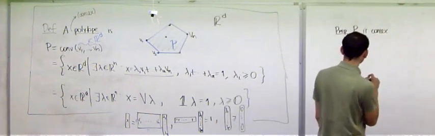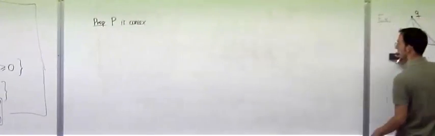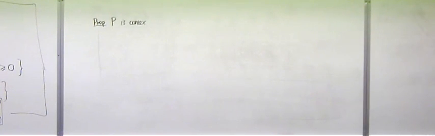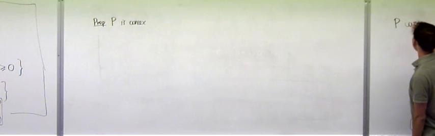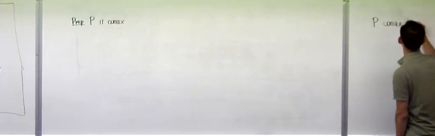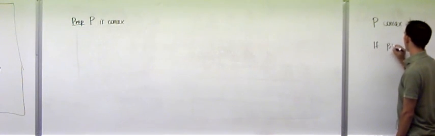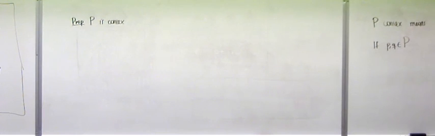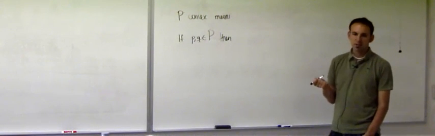Okay. Now, before I do that, maybe I shouldn't have erased this whole thing here, but remember what we said last time, which is that P being convex means the following thing: that if P and Q are points in my set P, then what I said is the line segment from P to Q is in there, but now I want to say that in equations, and so I just want to say, what I just erased over there.